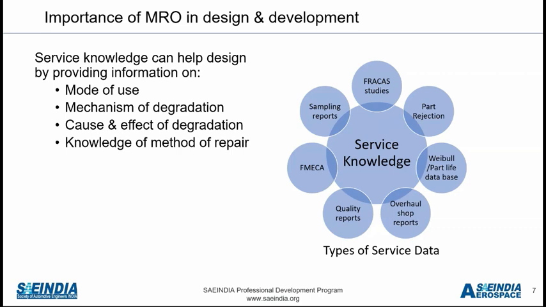Method of repair helps in a way, like if we know how the repair organizations are repairing it. You might know that repairs or maintenance happen as per the component maintenance manuals, right? In aerospace, all the products are sold with a CMM, we call it a component maintenance manual.